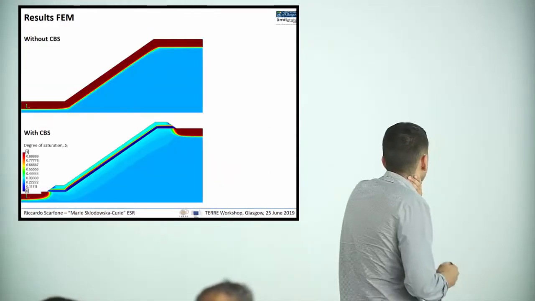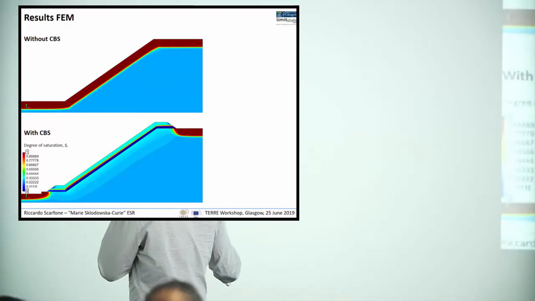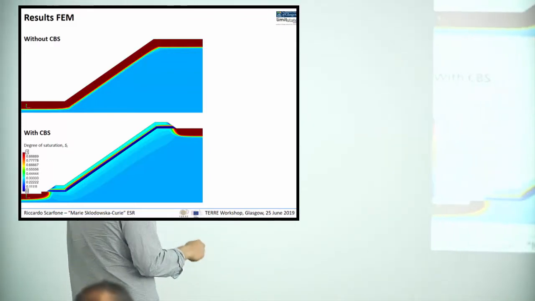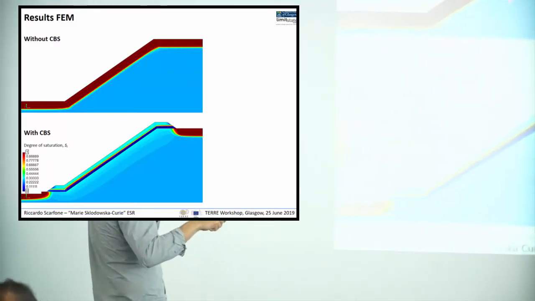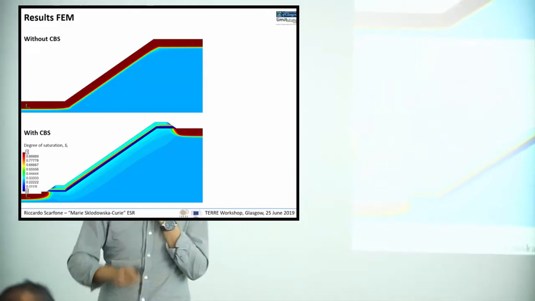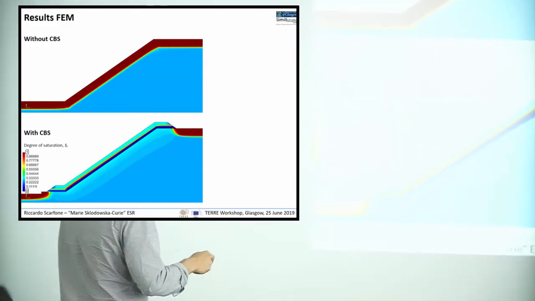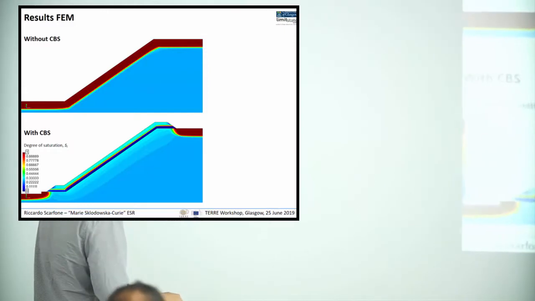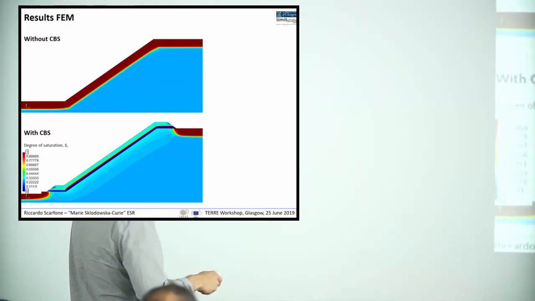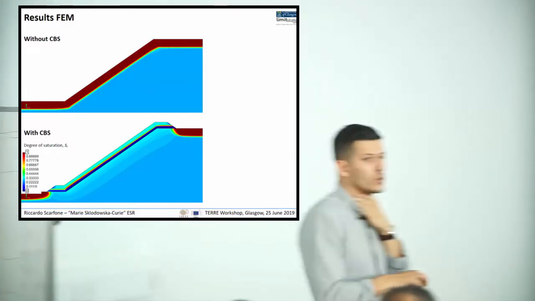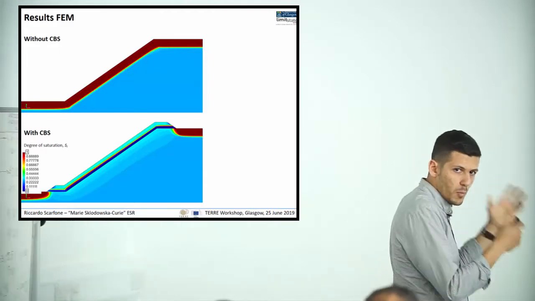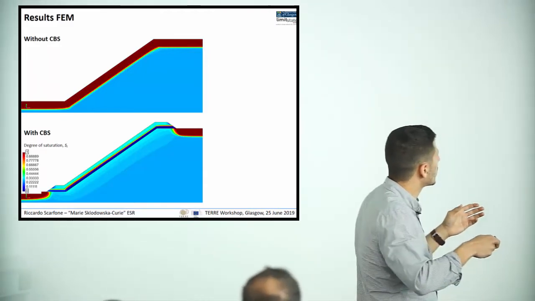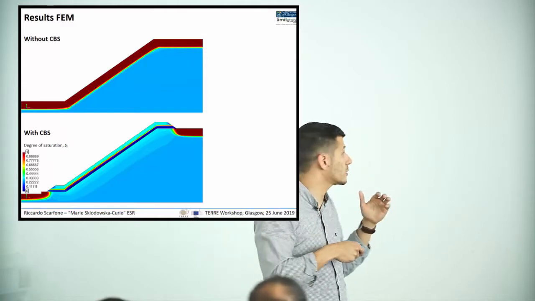So, starting from the finite element analysis, here are the degree of saturation contours in the most critical rainfall event without the capillary barrier system and with the capillary barrier system. This red color means that at this moment the soil here is fully saturated.